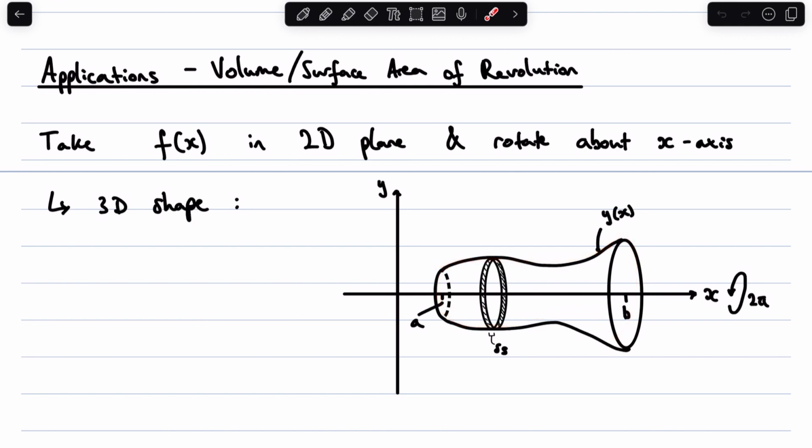So if we look for, firstly, the volume of revolution from this, and we consider our small disk here, the volume of this disk will be delta V approximately equal to pi times the radius of this disk, which is just going to be y at that point, so pi y squared, times the width of the disk, delta x.